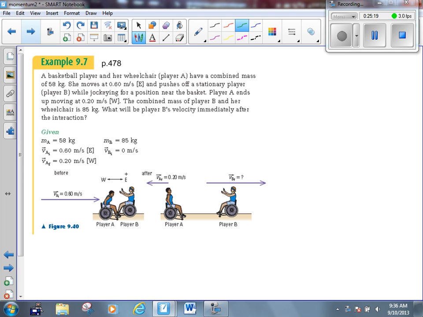Player A ends up moving at 0.2 to the west. So we've got a couple of different directions here now. It's especially important when we're dealing with a couple of different directions that we define something as positive and something as negative. Probably makes sense to go east positive. That's usually what we do. The combined mass of player B in the wheelchair is 85. What's player B's velocity immediately after the interaction?